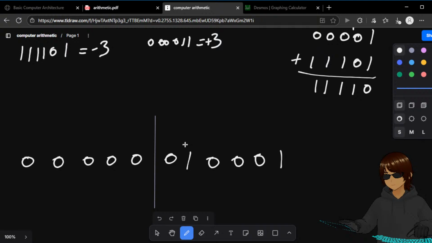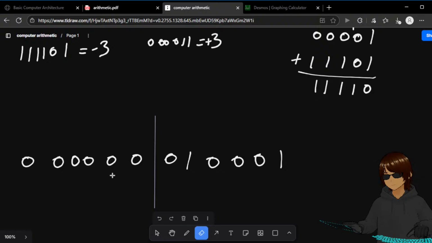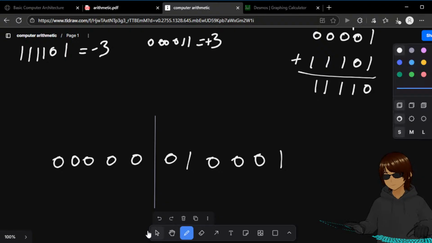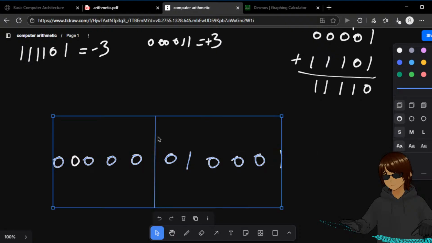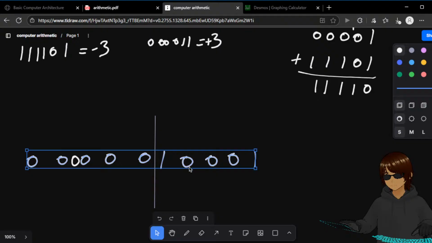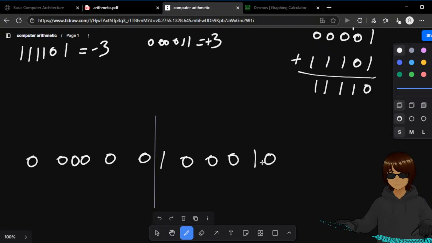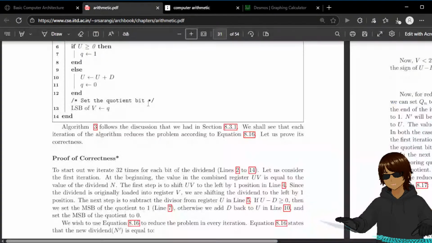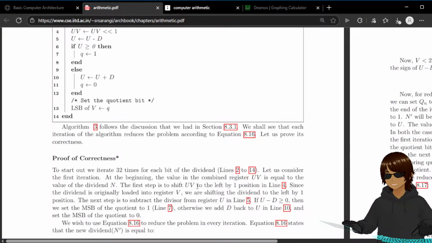Hold on. Can we get rid of this? It doesn't make a difference. Anyways, we shift it again. And then what? We shift it. And then we repeat, right?